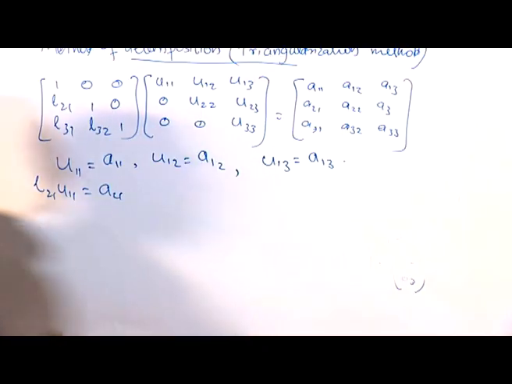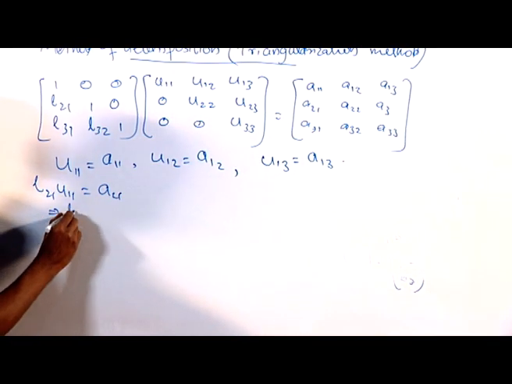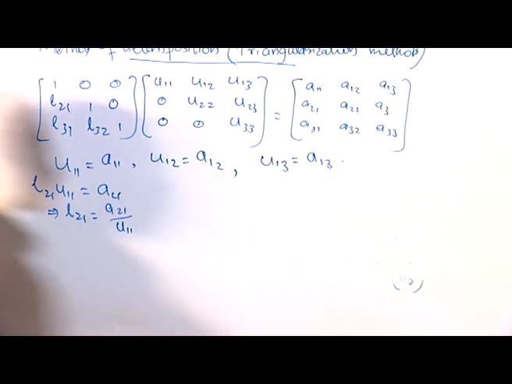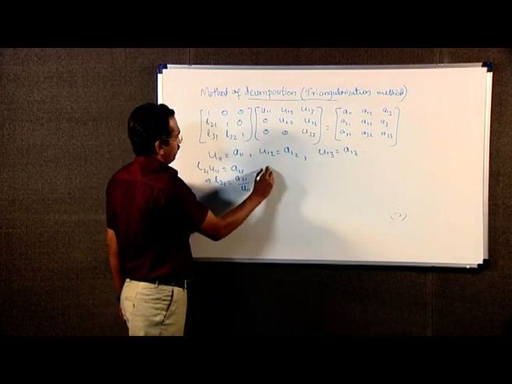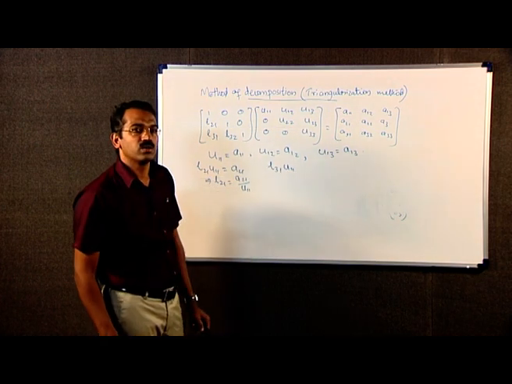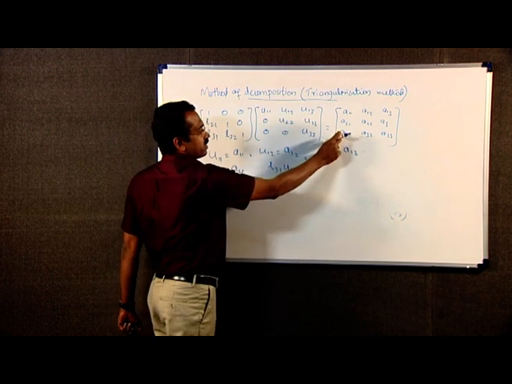This implies L21 is equal to A21 divided by U11. L31 U11 is equal to this first entry A31.